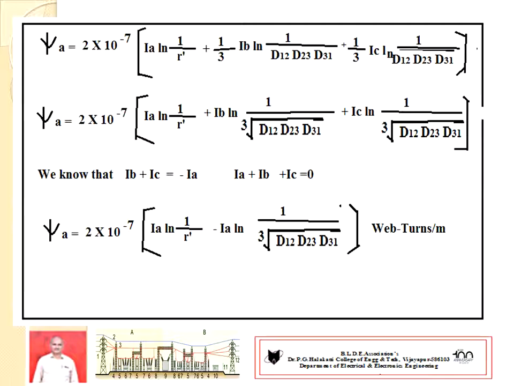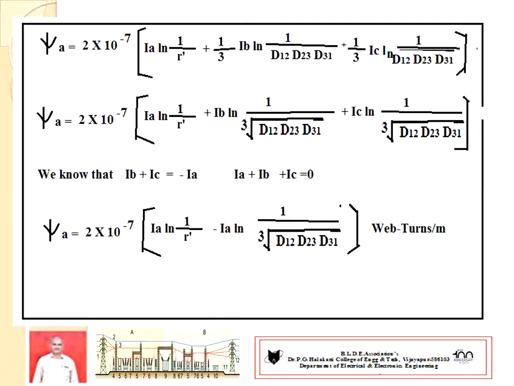So, it may be written as, now we have to replace Ib plus Ic. Ib plus Ic is equal to minus Ia, because Ia plus Ib plus Ic equals 0.